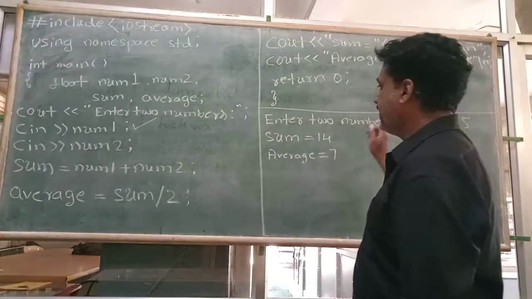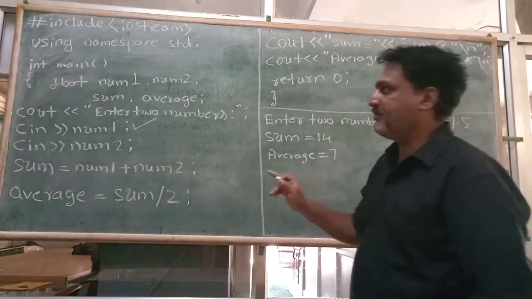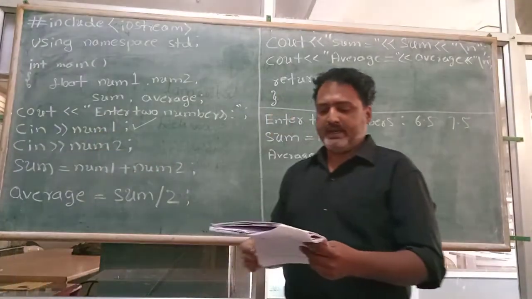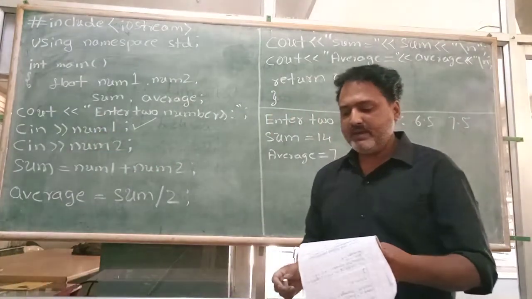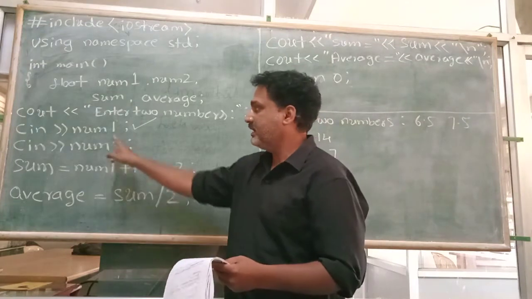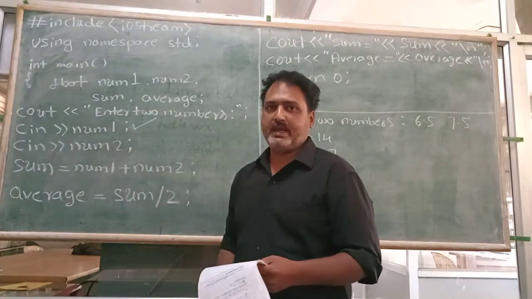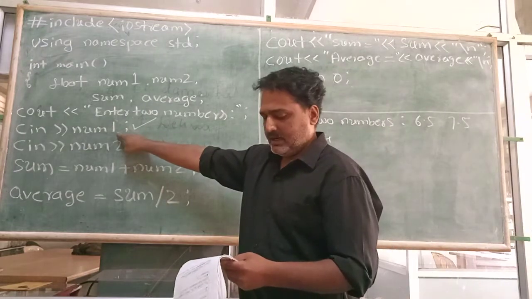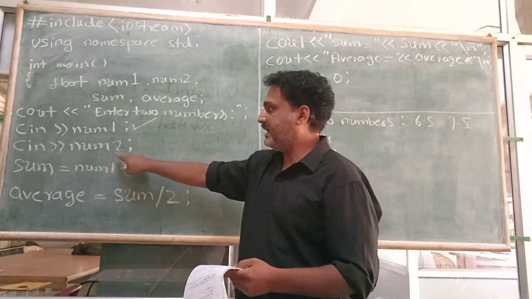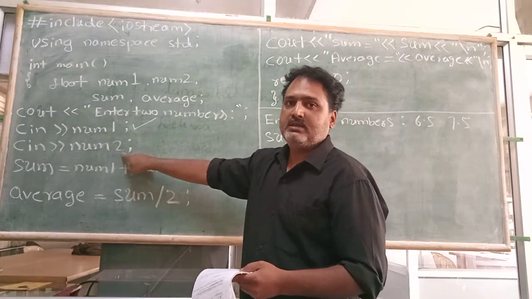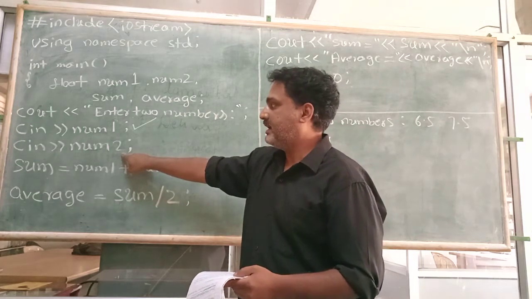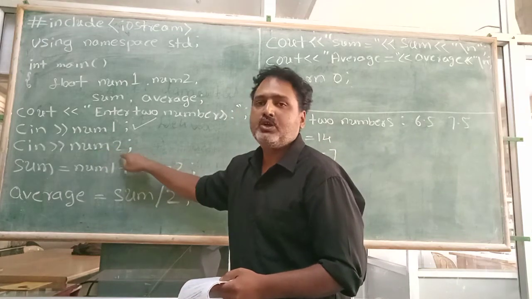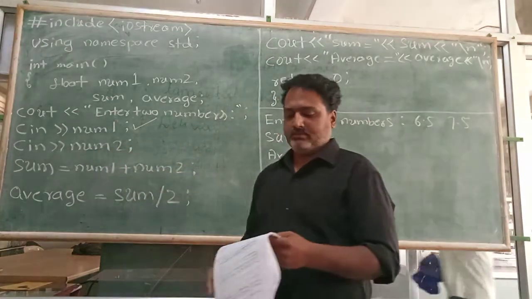When we type a number like 6.5, it is stored in num1. The number keyed in is placed in the variable num1. Similarly, the second number keyed in will be placed in the num2 variable.